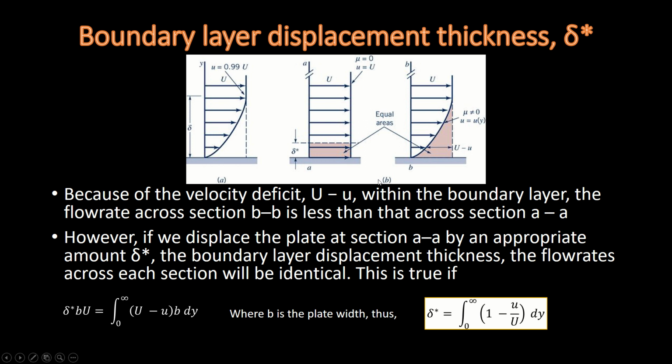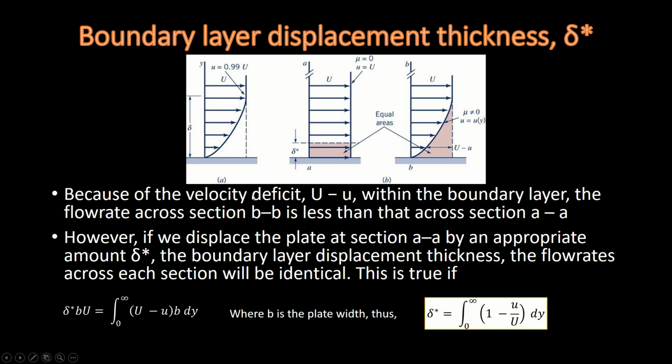For B, there are two figures, one defined for the standard viscous region, and the other without viscous region. As you can see, the velocity profile is a straight line, where u is always equal to the free stream velocity U.